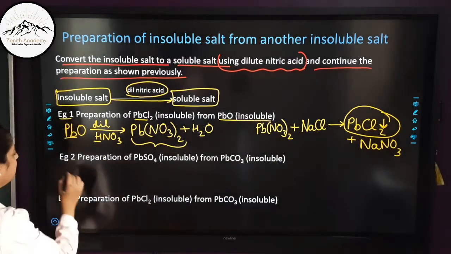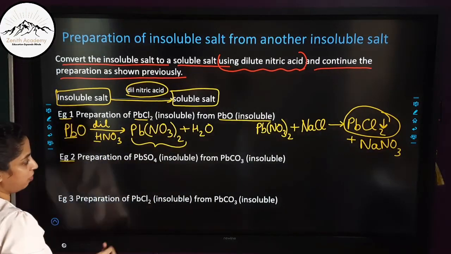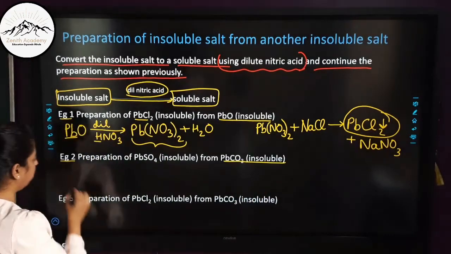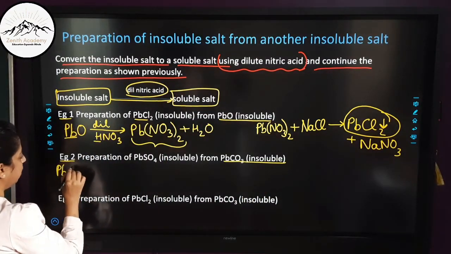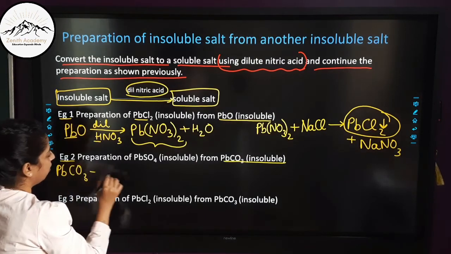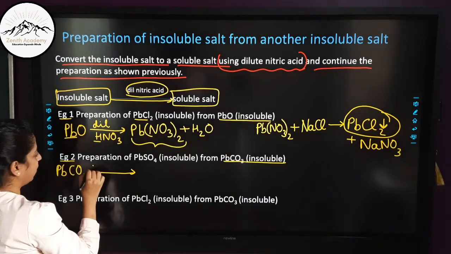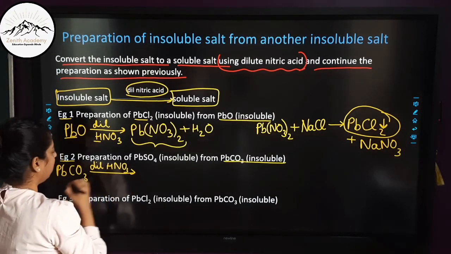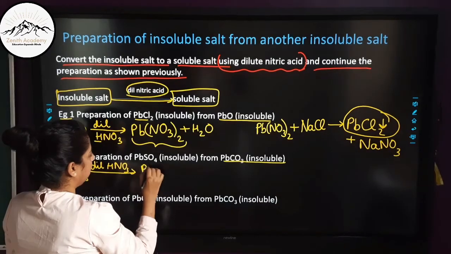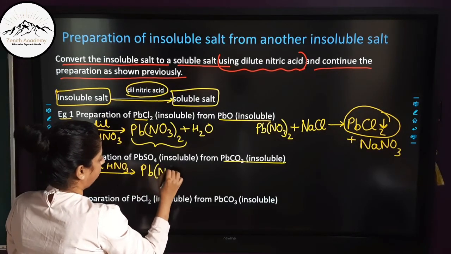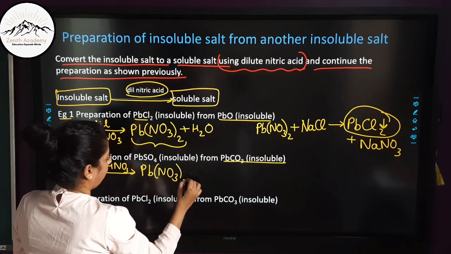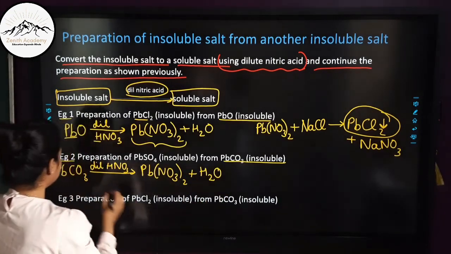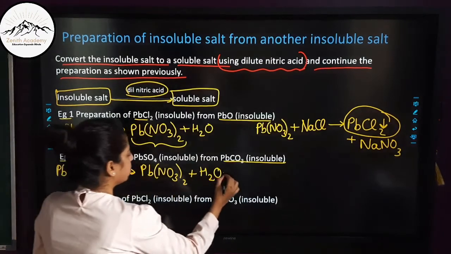Now let's see another example, preparation of lead sulfate from lead carbonate. Now the issue is lead carbonate is insoluble. So we will take lead carbonate and treat it with dilute nitric acid, dilute HNO3. Again the same thing will happen. We will get lead nitrate, we will get water, and since there is a carbonate here, we will also get CO2.